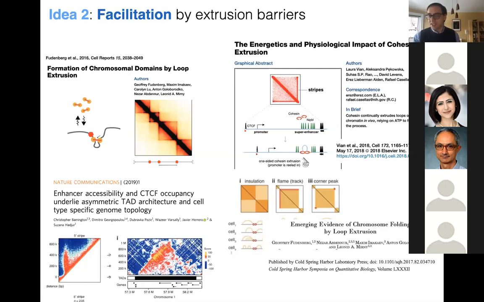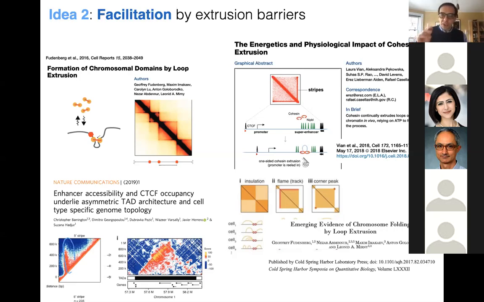Rafael Casellas and Erez Lieberman's lab published this paper, again highlighting the importance of stripes, but arguing that they appear if there is loading next to the boundary. I don't think this is really necessary, but maybe it does happen in some cases. And then two years ago, there was a nice paper by Suhas Rao's lab, demonstrating again the abundance of such stripes in real data.